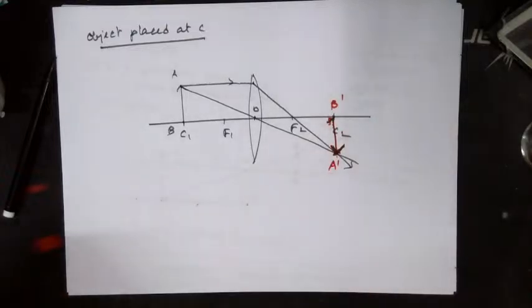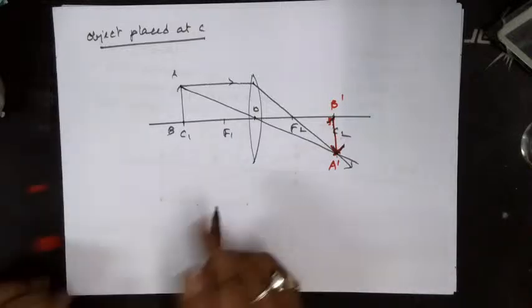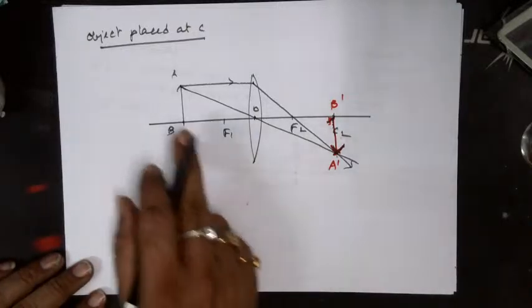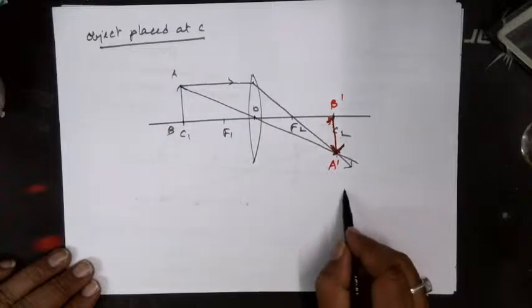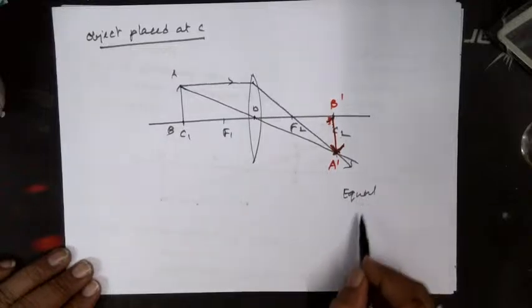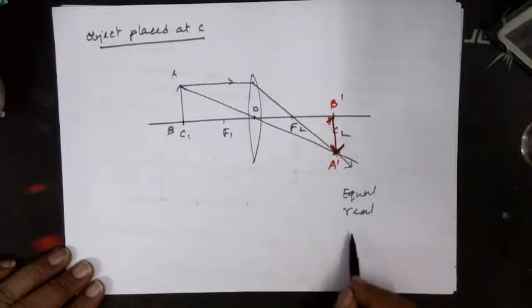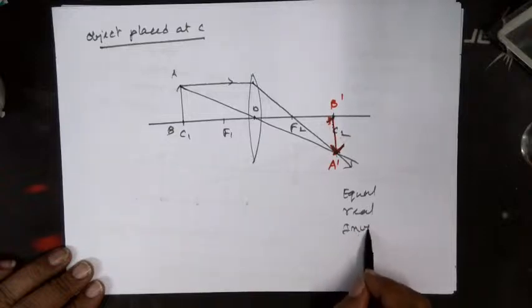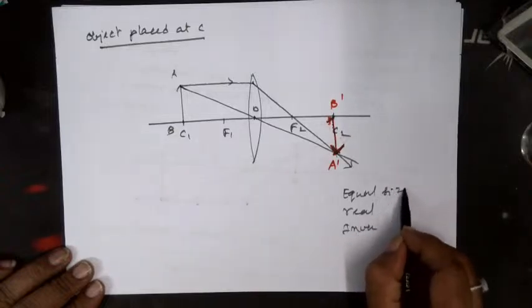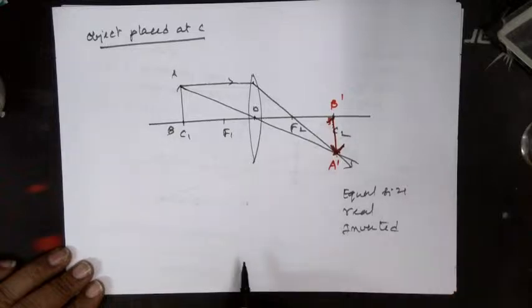So when the object is placed at C1, you are able to get an equal size image, a real image, inverted, equal size, at C2.